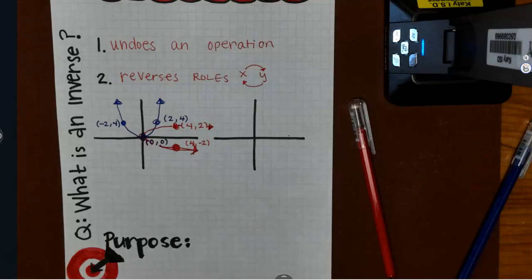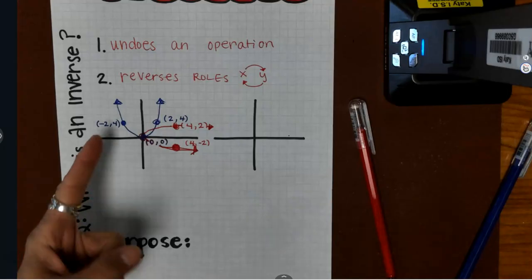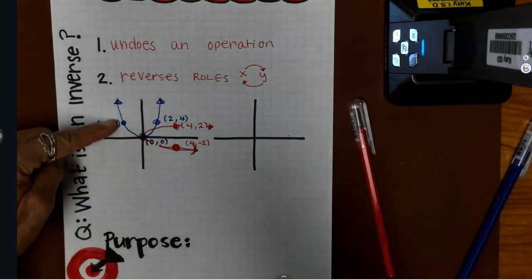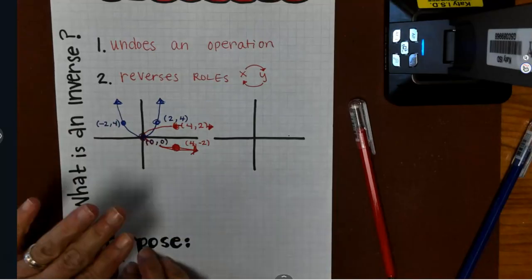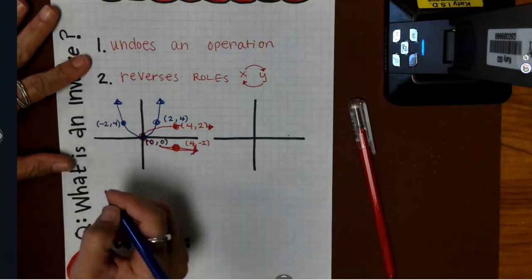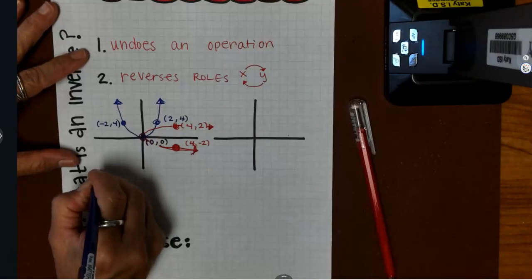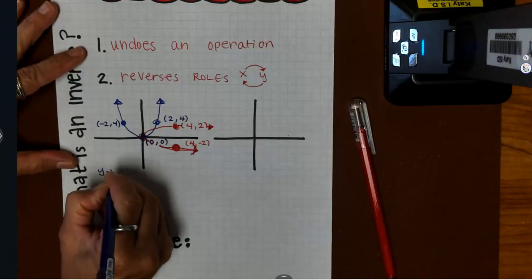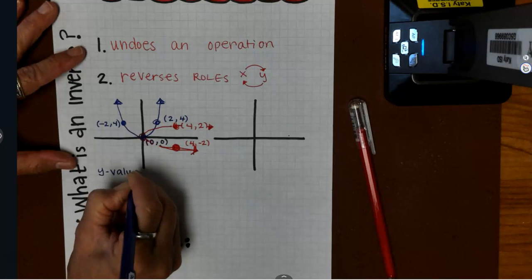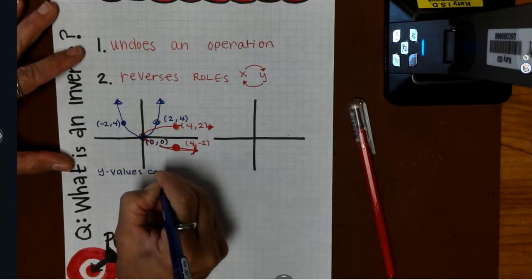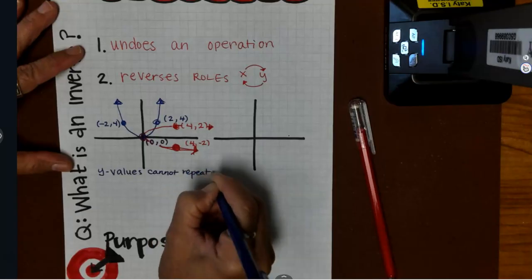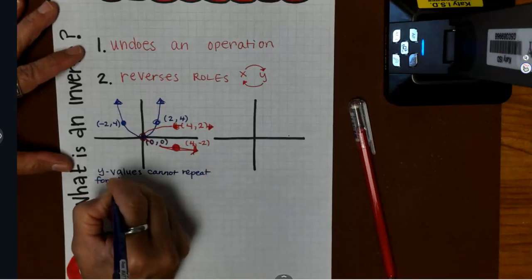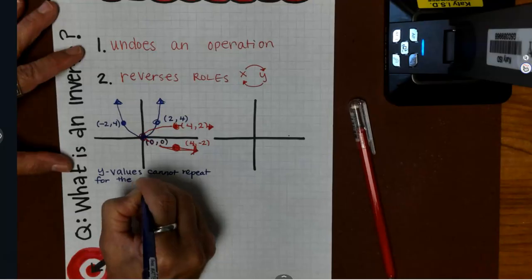No. I knew it wasn't going to be a function because in my head, I used the horizontal line test for the original. So remember, your y values cannot repeat for the inverse to be a function.